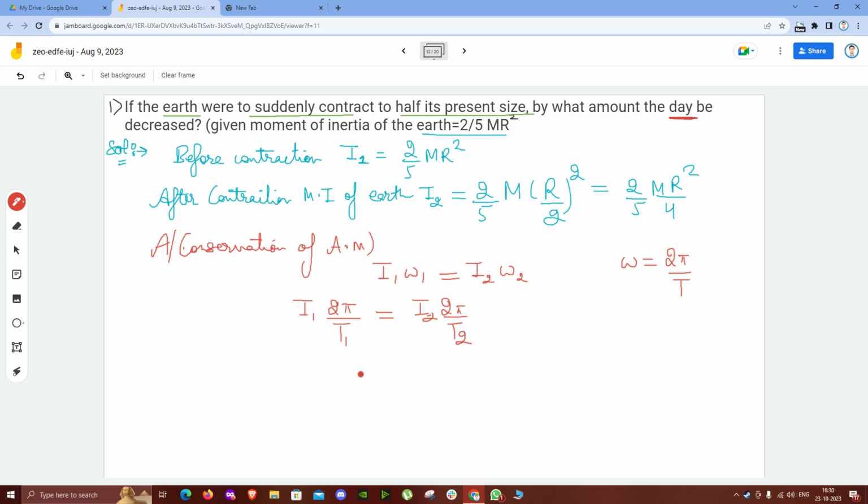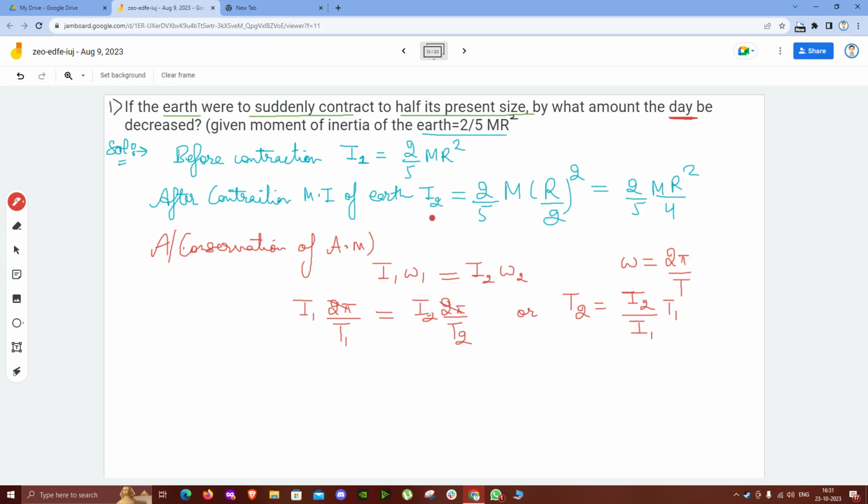You can pause this video and try to solve this now. We know the values, so now we can write T2 as, when we cross multiply and 2 pi cancels, I2 divided by I1 into T1.